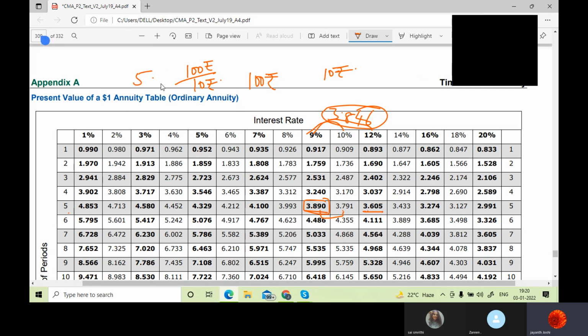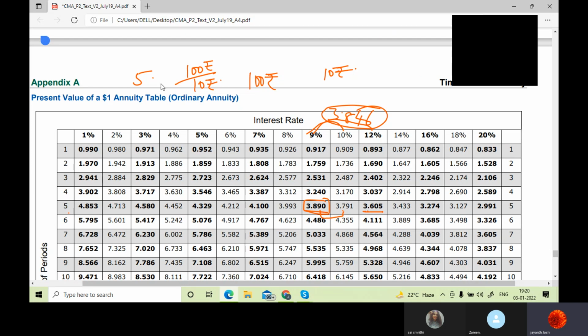So this is the way to see the return, what you are earning over the project's life. And after dividing 1,50,000 by the cash inflows of 39,000, you're getting 3.846. You can do it and see.